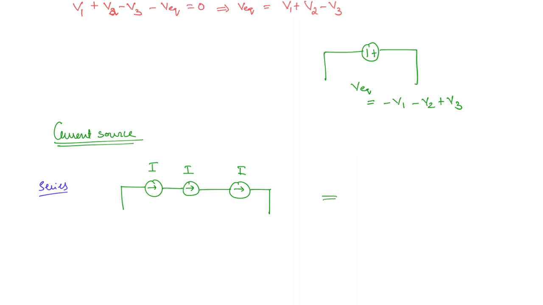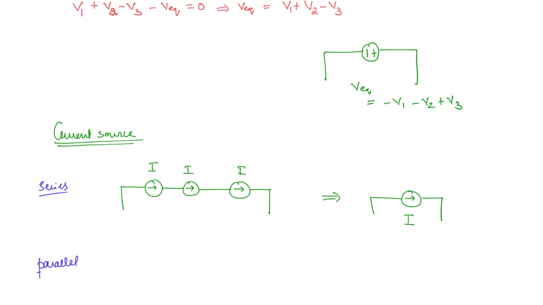Then you can replace them with a single equivalent source of current I. Just like in a parallel connection of voltage sources, where you have to connect the same voltages and the equivalent source is simply the same voltage as the individual source, similarly in a series connection of current sources you get the same result.